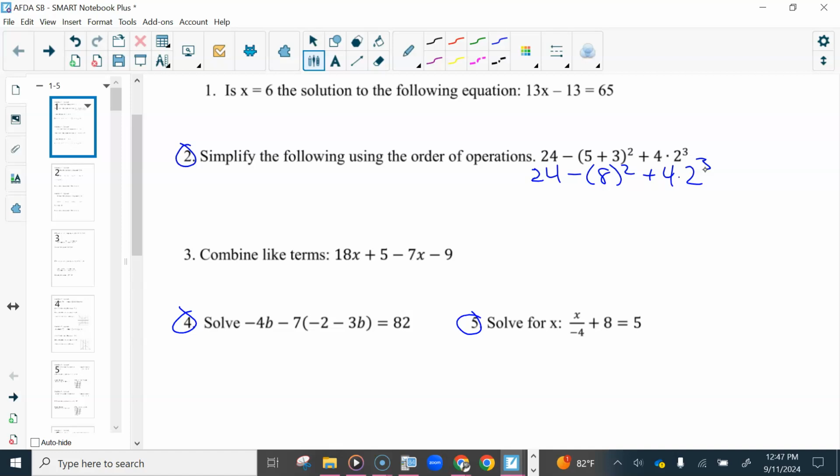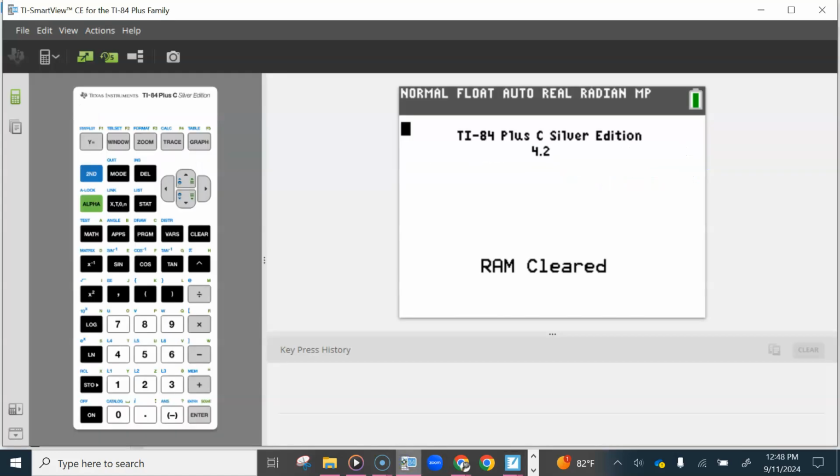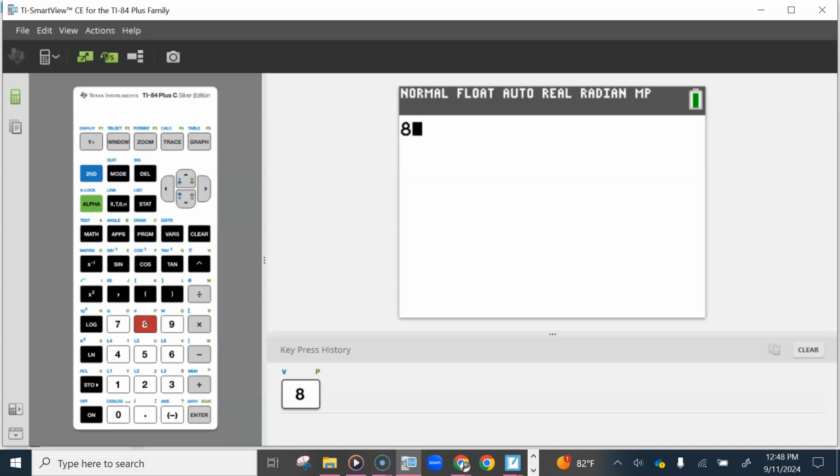And then any exponents or radicals, square roots, cube roots, raised to some power. So we have 2 of those. On your calculator you can do this in one of 2 ways. Either use the square button for anything that's square, so 8 squared. You just press it, it'll go up there automatically.